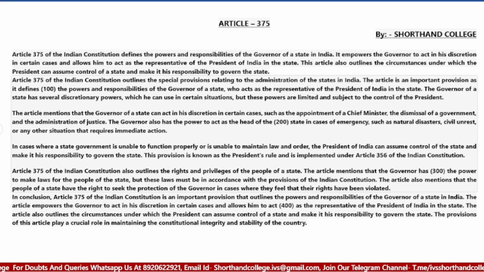The article also outlines the circumstances under which the President can assume control of a state and make it his responsibility to govern the state. The provisions of this article play a crucial role in maintaining the constitutional integrity and stability of the country.